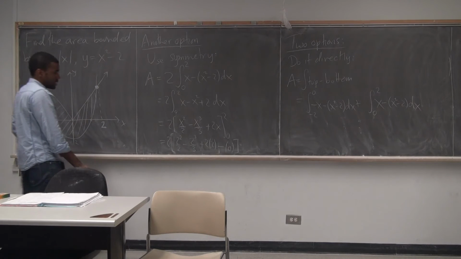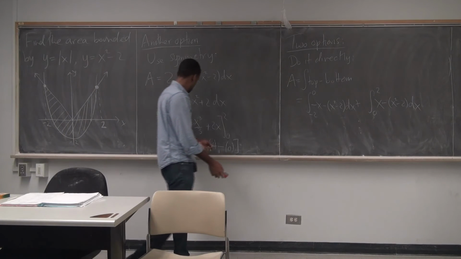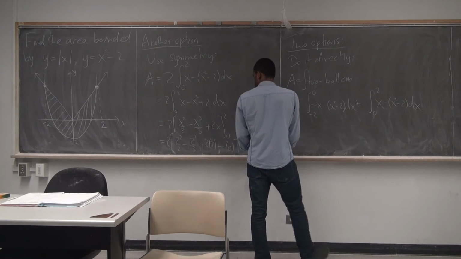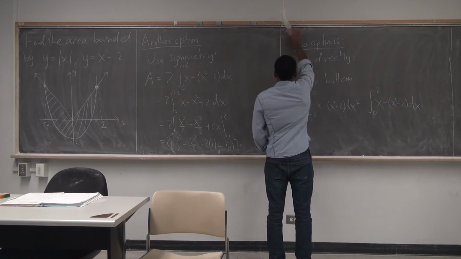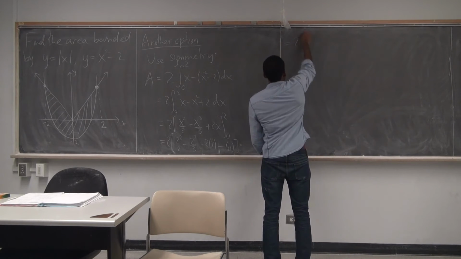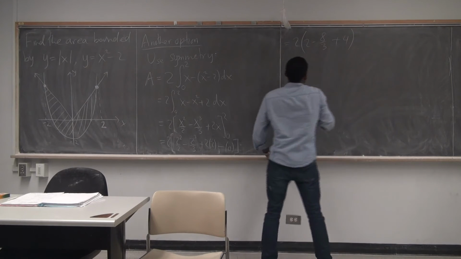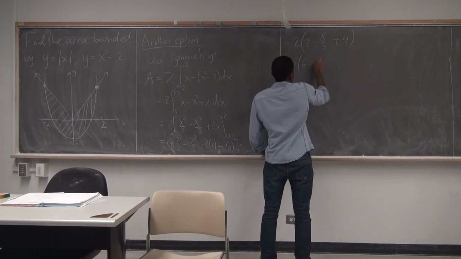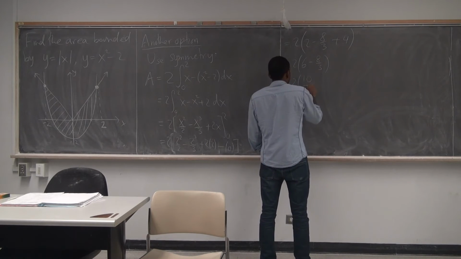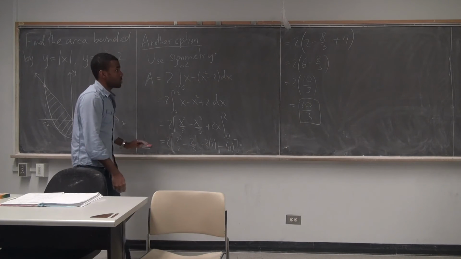Go ahead. 2 times, that's a 2 minus 8 over 3 plus 4 plus 2, that's 6 minus 8 over 3. 3 times 6 is 18 minus 8, so that's 10 over 3. So 20 over 3 would be the answer.